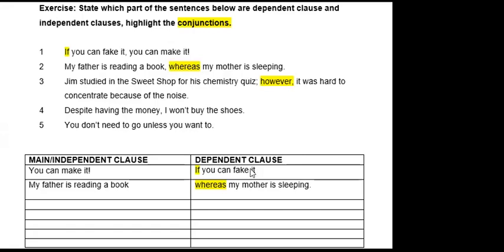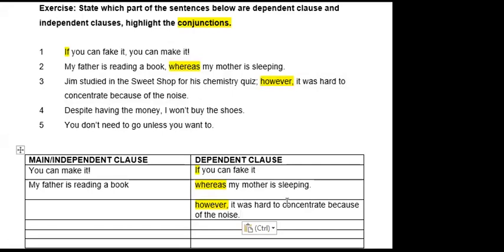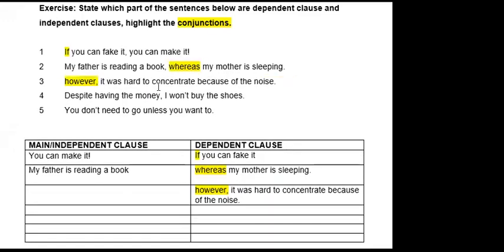All right, so since no one's answering me, I'm going to give you the answer. "However, it was hard to concentrate because of the noise" is your dependent clause, right? Because if we just had the sentence here, "however, it was hard to concentrate because of the noise," it feels like something needs to come before the sentence.